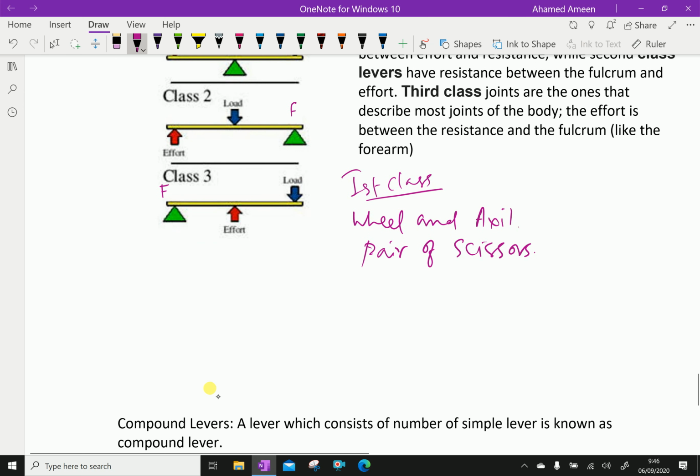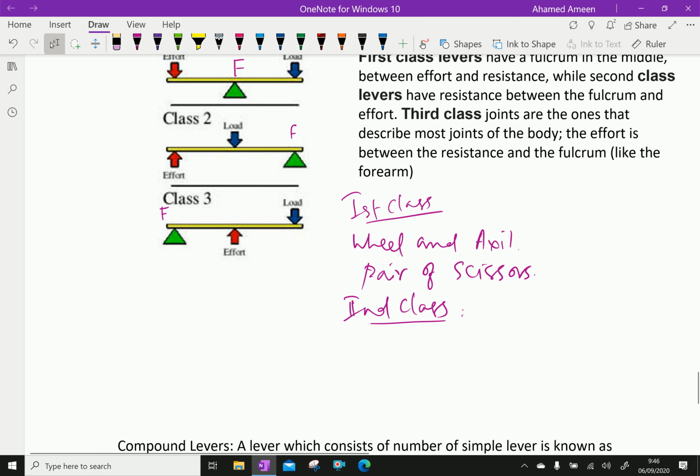Then for the second class: bottle opener, and door or gates.